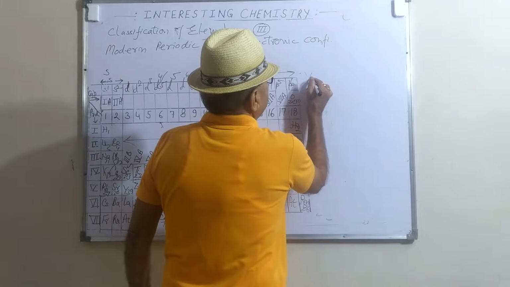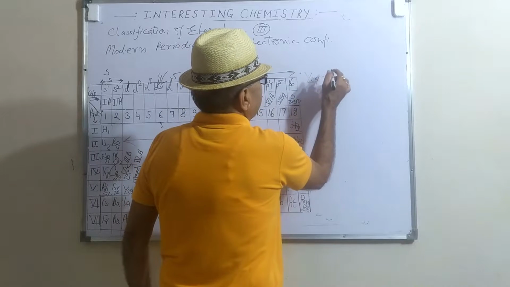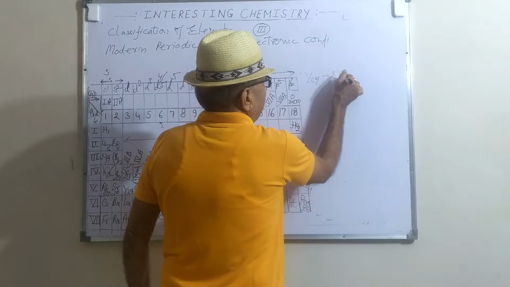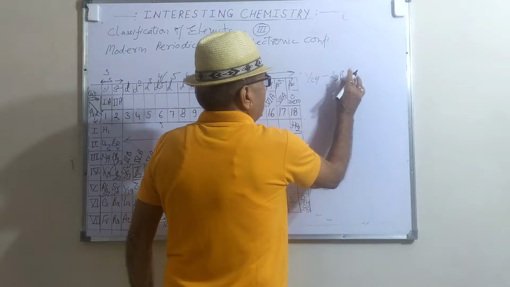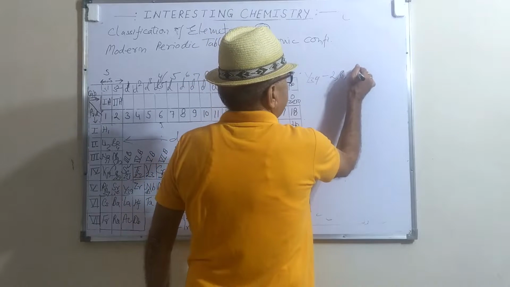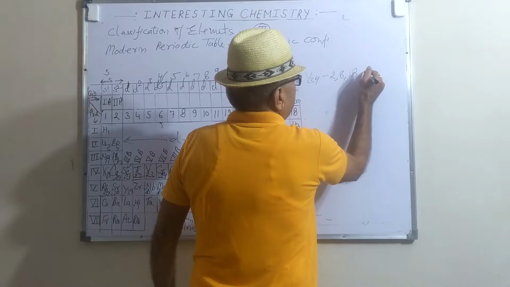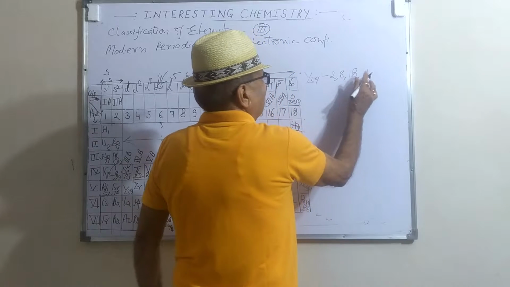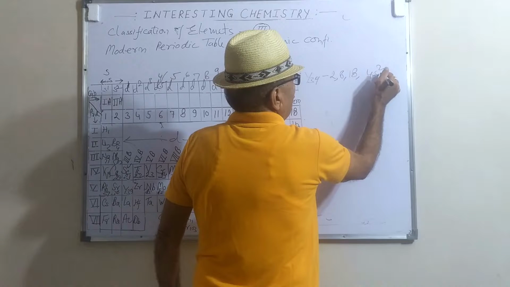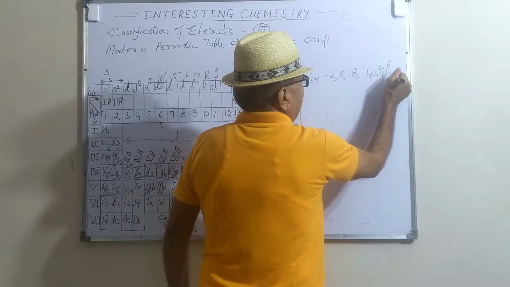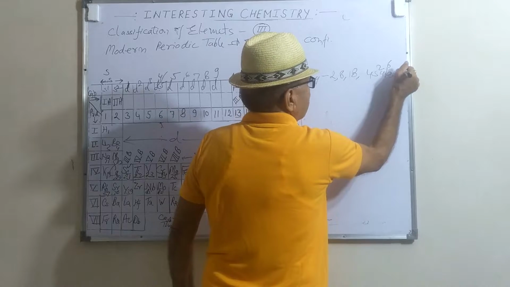So yttrium 39. You can write here 2, 8, 18, then 4s2, 4p6, and 5s2.